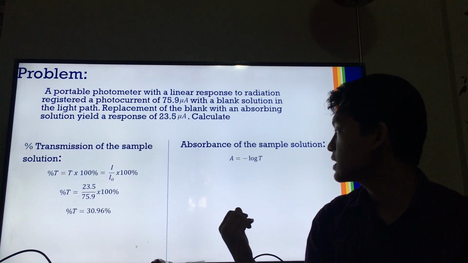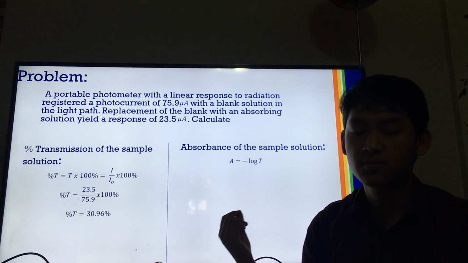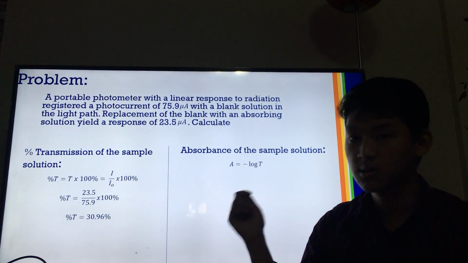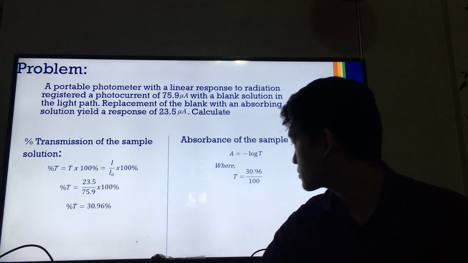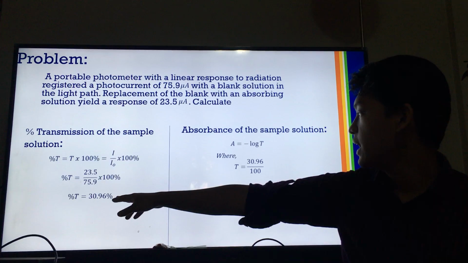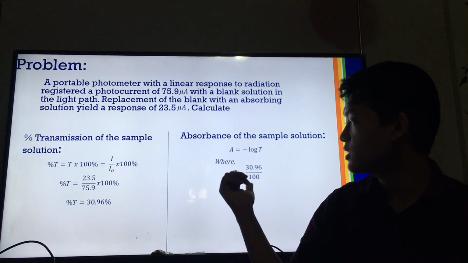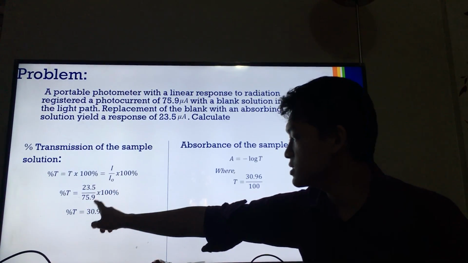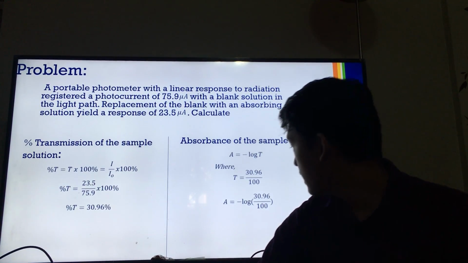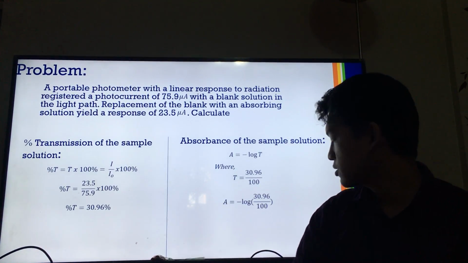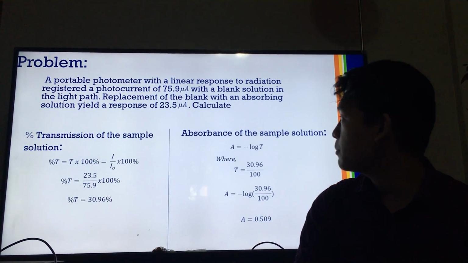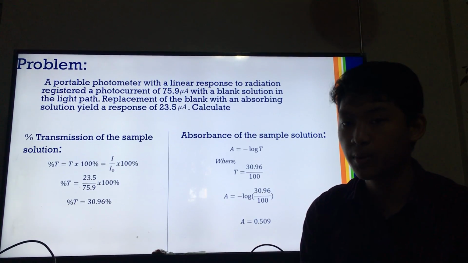Through the application of Beer-Lambert's law, we will be using absorbance is equal to negative log of T, wherein for T, we will be using the percent T and just dividing it by 100, we will still be getting the same value, which is T. So by taking the negative log of T, which is 30.96 divided by 100, we would know that the absorbance of the sample solution here is equal to 0.509.